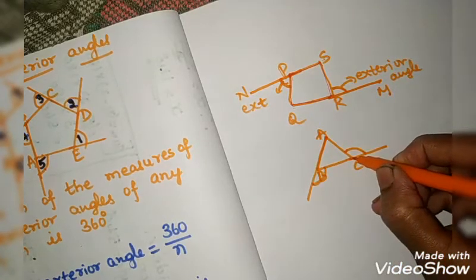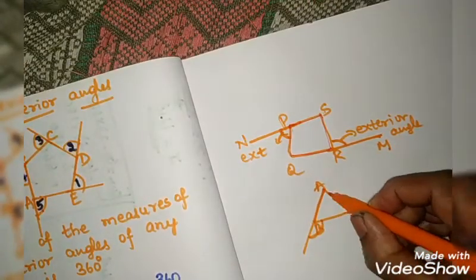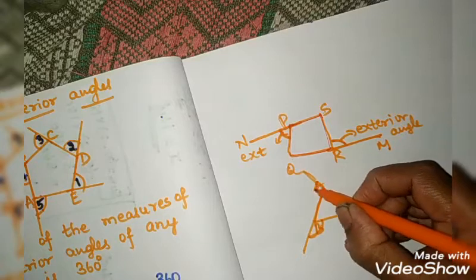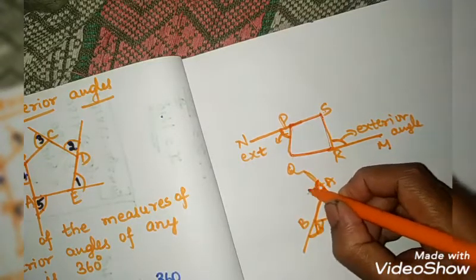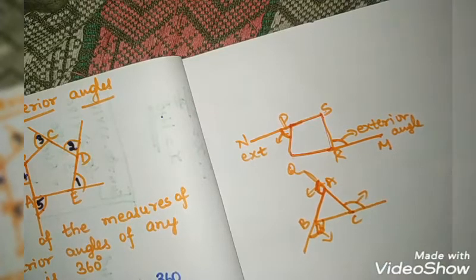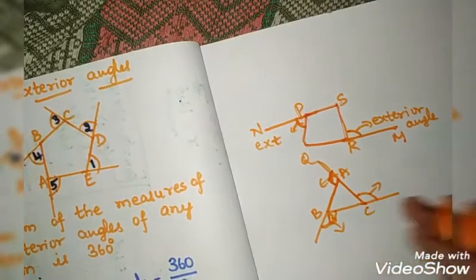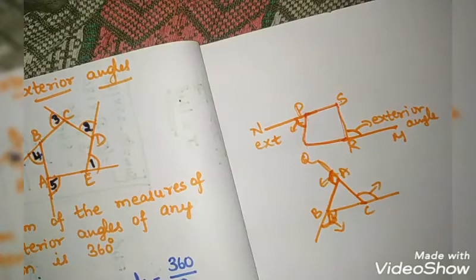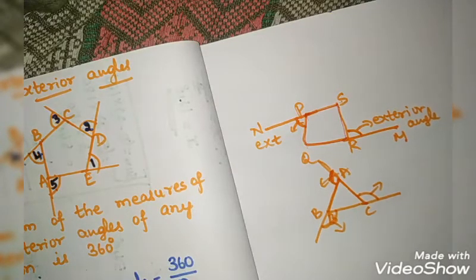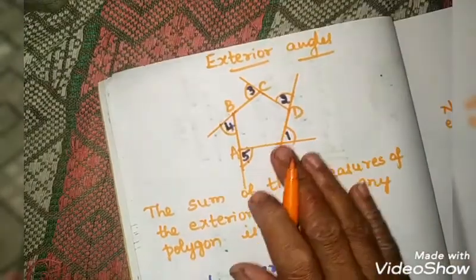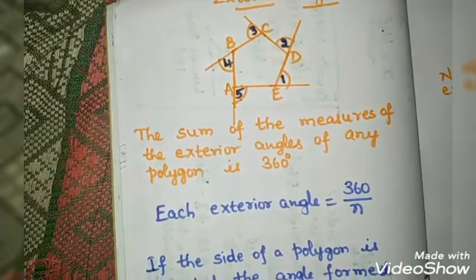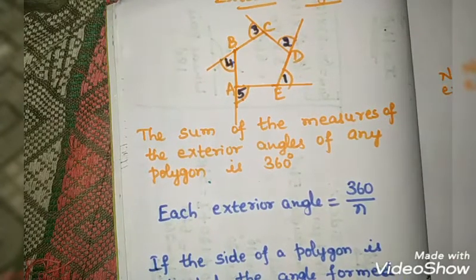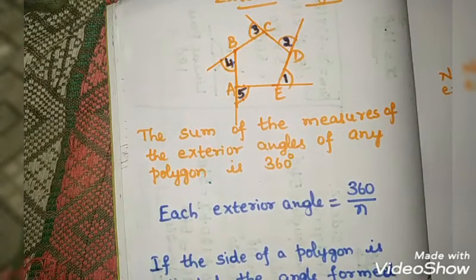When AC is extended, you can extend AC also here. When it is extended, we get an exterior angle here. This is exterior, this is exterior, this is exterior angles. In a triangle also we can get exterior angles. So here also, in pentagon, hexagon, in all the polygons we can get exterior angles. When do we get exterior angles? If the side of a polygon is extended.